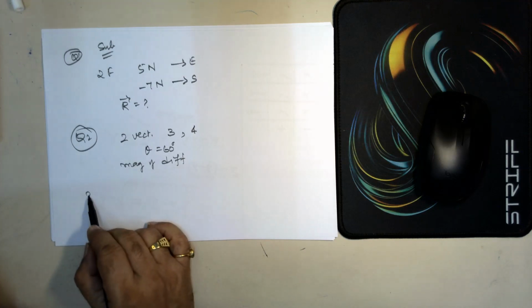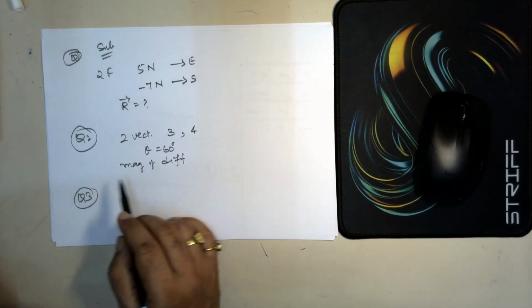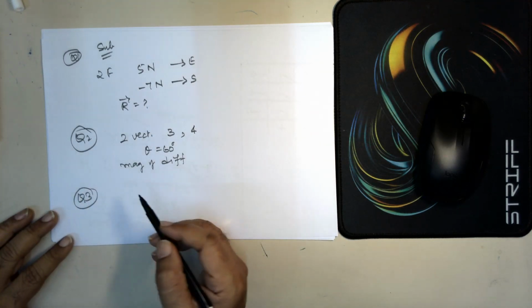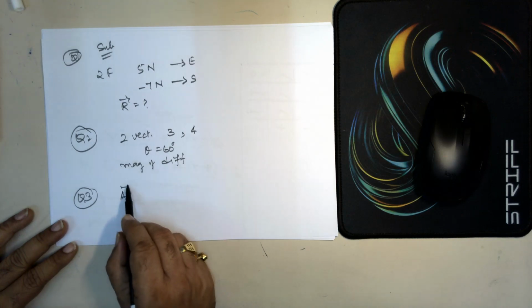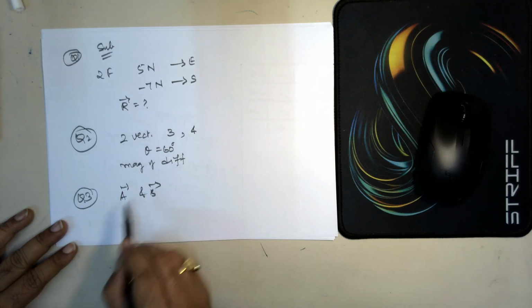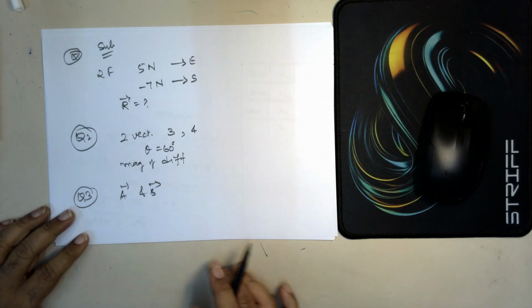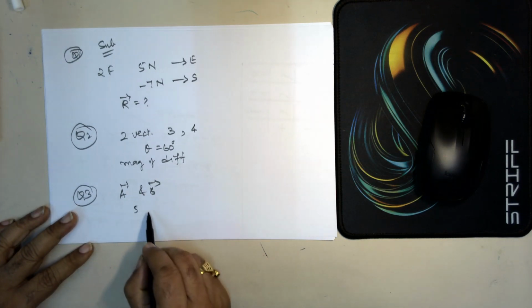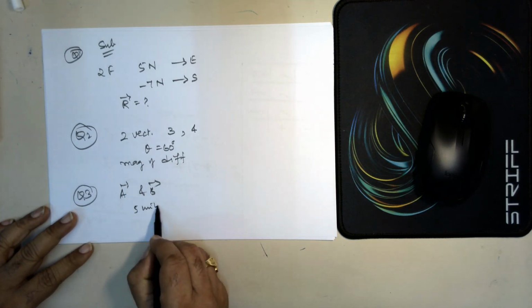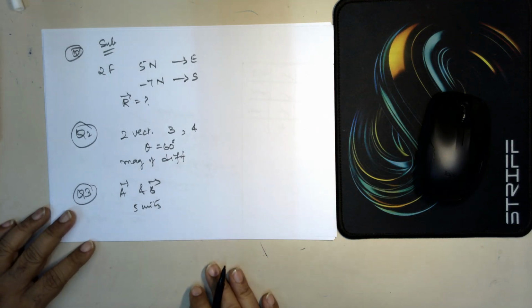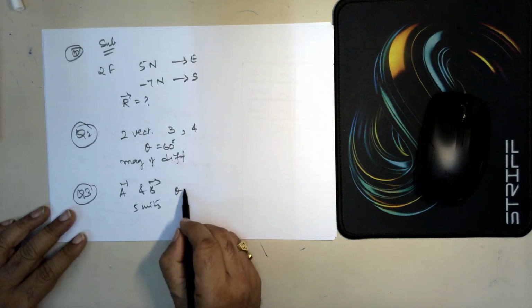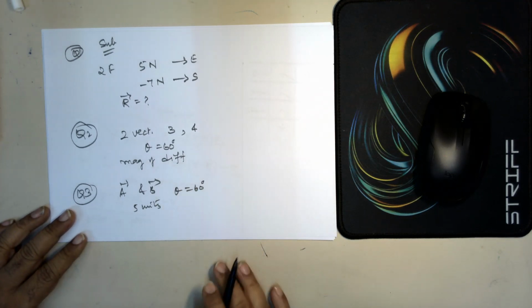Third sum. Consider two vectors A and B having an equal magnitude of 5 units. They are inclined to each other at 60 degrees.